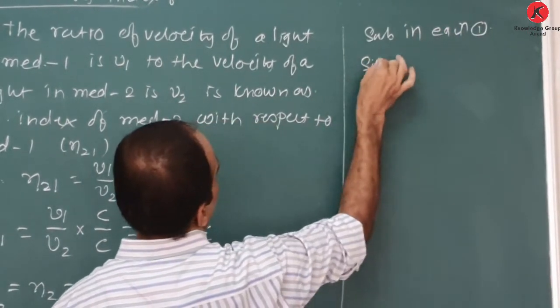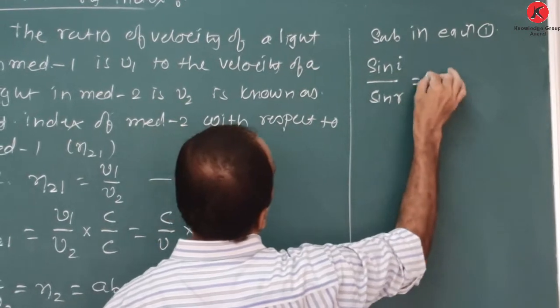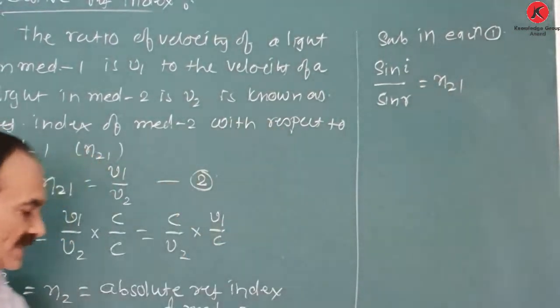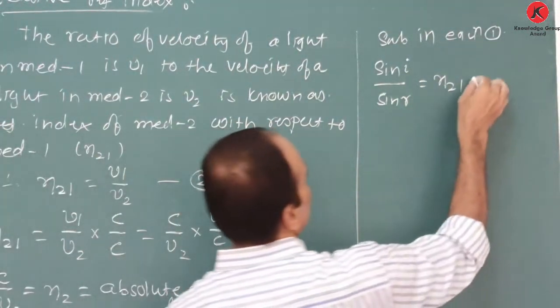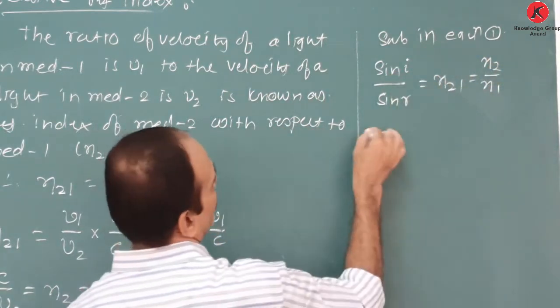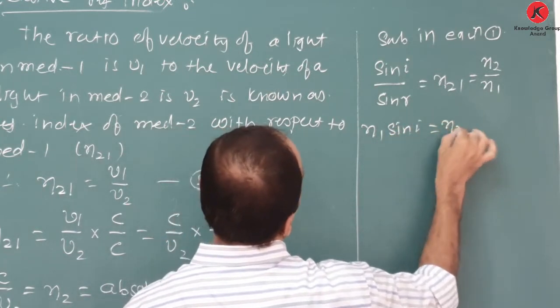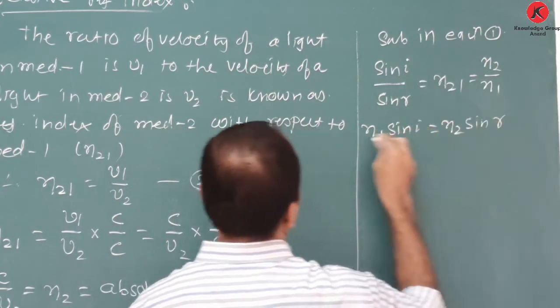Equation 1 is sin i upon sin r is equal to n21. But equation 3 is n21 is equal to n2 upon n1. Therefore, n1 sin i is equal to n2 sin r.